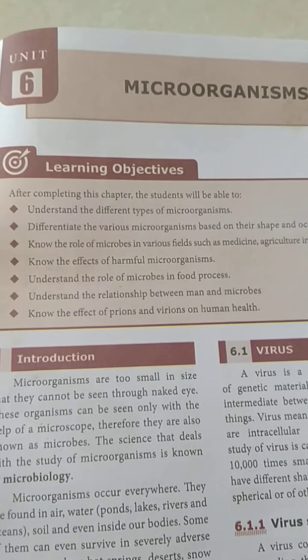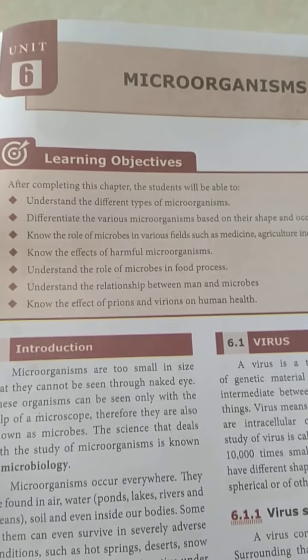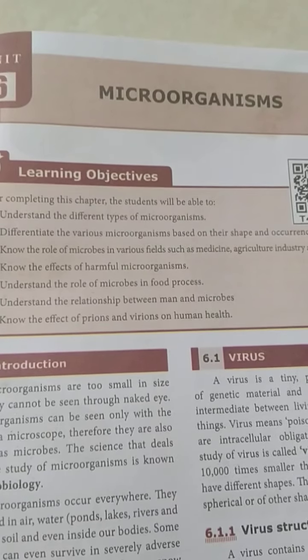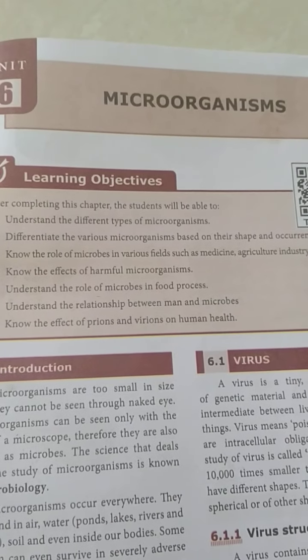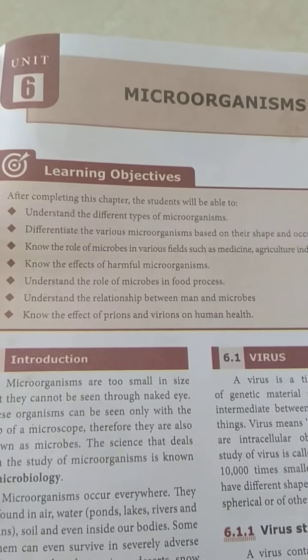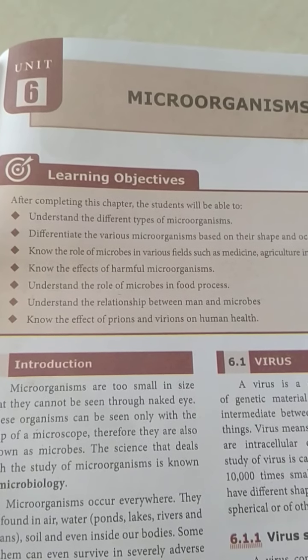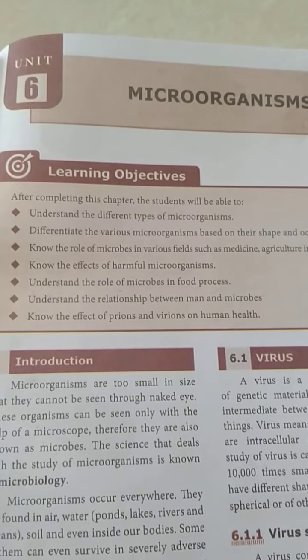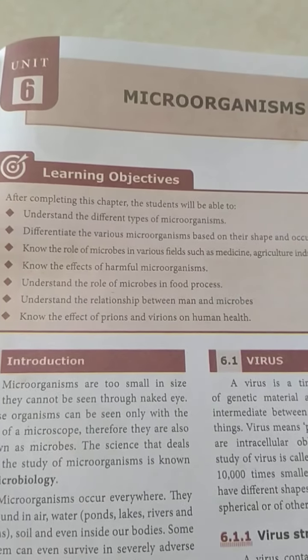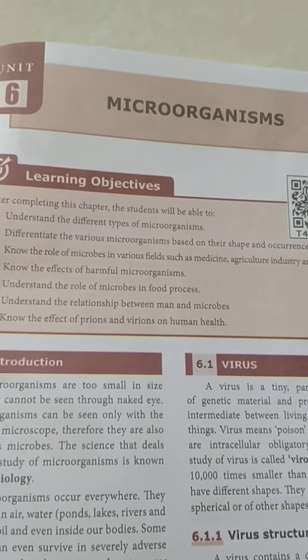Microorganisms you already learned a little bit in 6th and 7th standard. In this lesson you are going to learn about different types of microorganisms and differentiate the various microorganisms, especially their shapes and their occurrence.